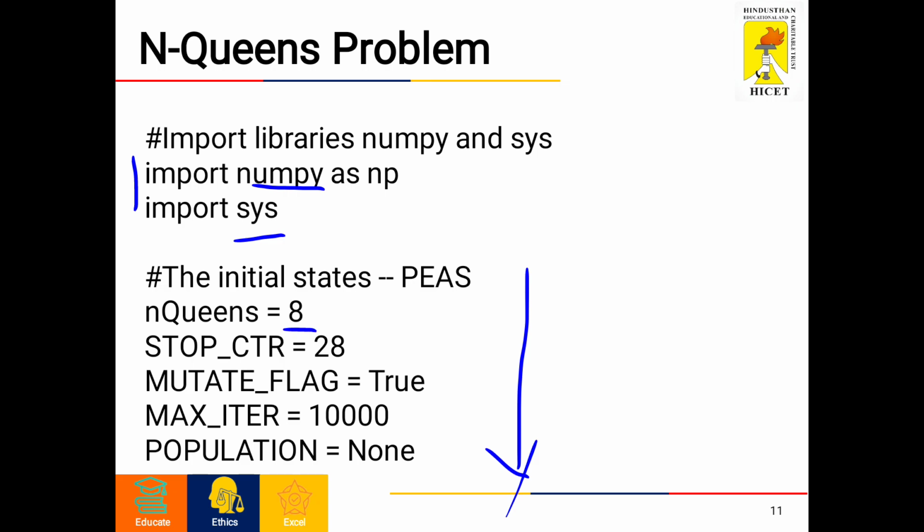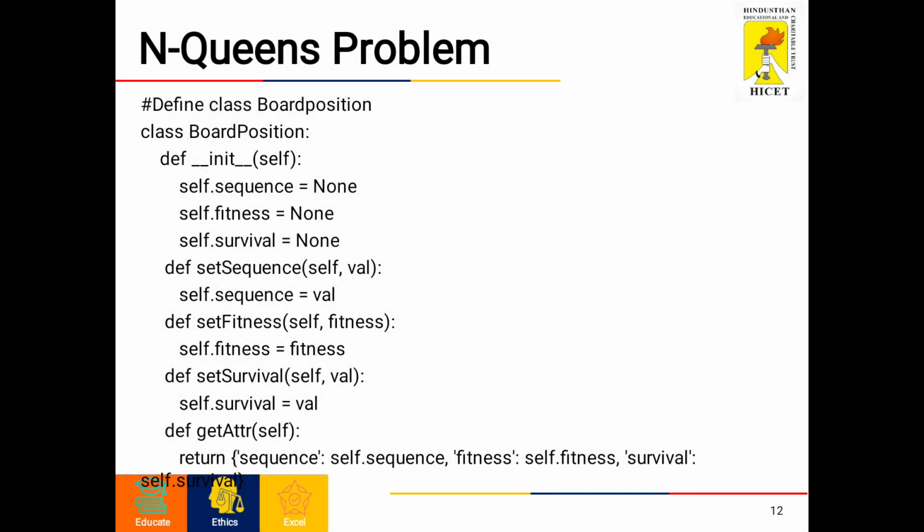As I said before, the number of queens is 8 and the stop criteria is given as 28. Why it is given as 28, I'll brief in the upcoming slides. The mutation flag is set to true. It is used to represent whether the mutation is required. The maximum iteration is given as 10,000 and the population is initialized to none.